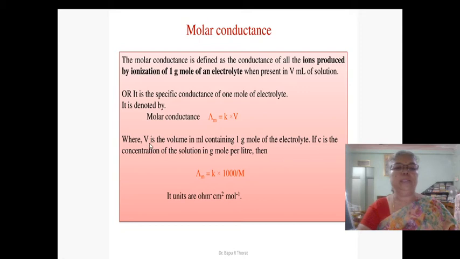Here V is the volume in mLs containing 1 gram mole of electrolyte, and if C is the concentration of the solution in gram mole per liter, then the molar conductance lambda m is equal to kappa into 1000 divided by C, and its unit is ohm inverse centimeter square per mole.